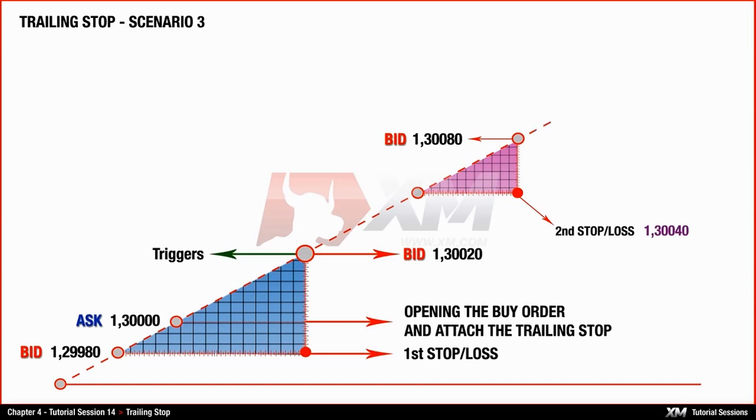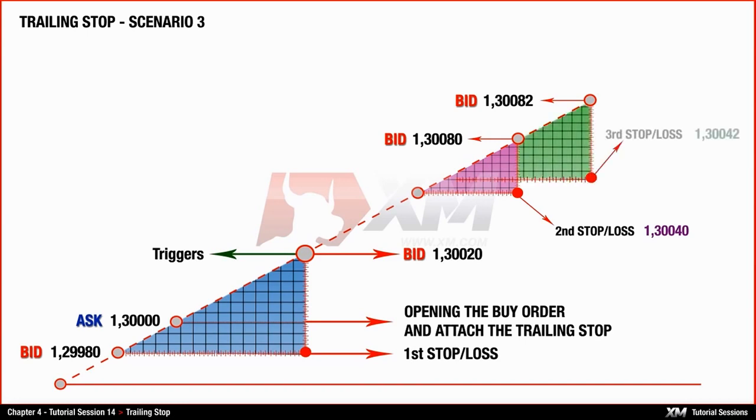If the price keeps rising to 1.30082, the stop-loss value will follow up and update it to 1.30042. This will continue as long as the market moves in your favour, or as long as it moves against your profit and reaches the current stop-loss value.